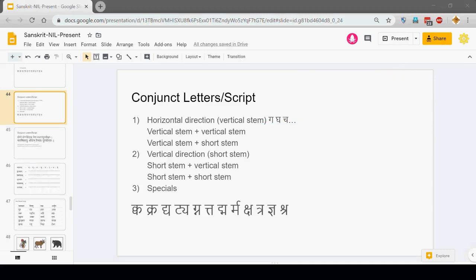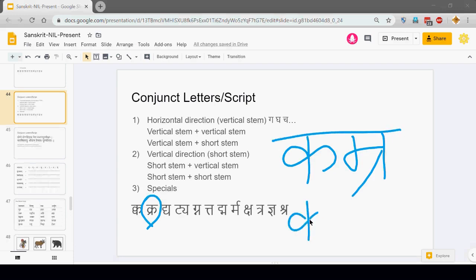Can it be written with the short diagonal line for the ra, like this? No. If you write diagonally, then the ra is following, not first. So if you write like this, what it means is kamra: ma is coming first, then ra.